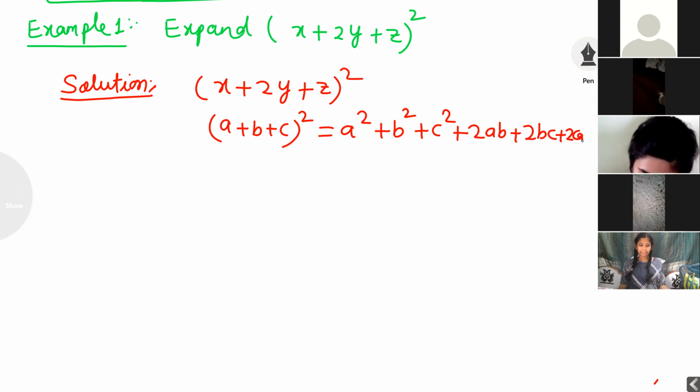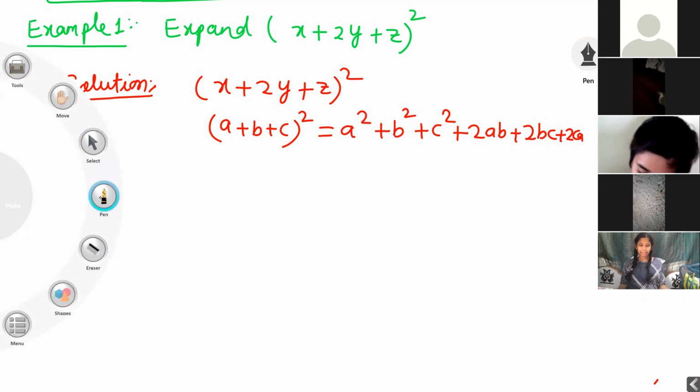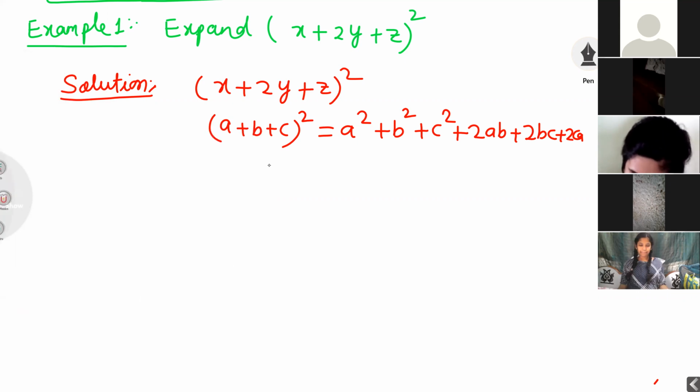Now we want to substitute the value of a, b and c. What is the value of a? The value of a is x. A is equal to x, b is equal to 2y and c is equal to z.